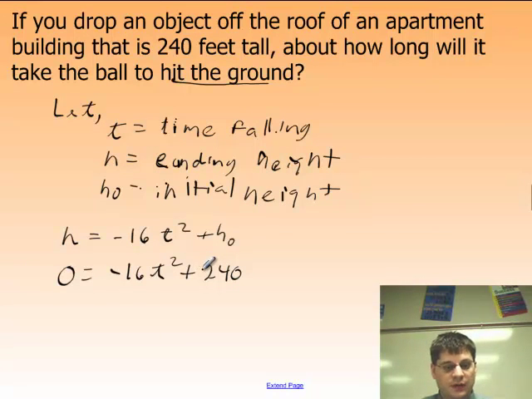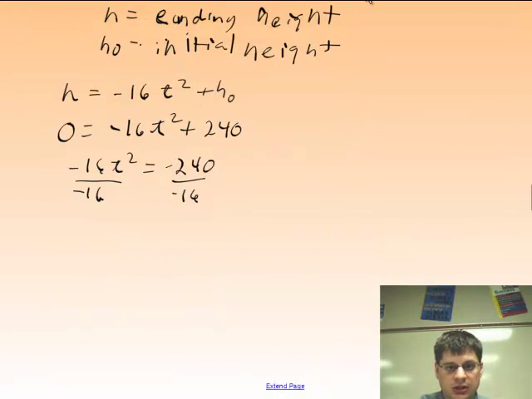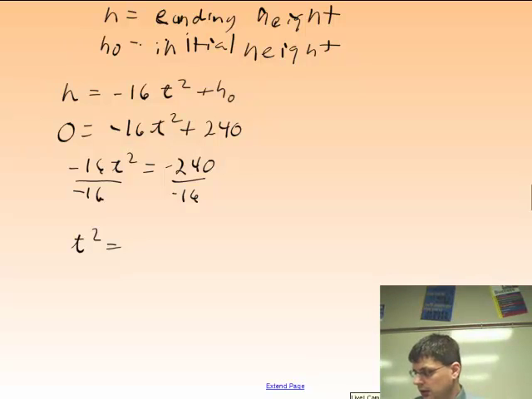So now it's just a matter of solving this. So I'm going to rewrite this. I'm going to subtract 240 from both sides, and I'm going to flip the equation around because I like my variables on the left. So I have negative 16t squared equals negative 240. Then we'll divide negative 16 into both sides here. So that's going to leave us with just t squared equals, and let's see, that's 240 divided by 16.